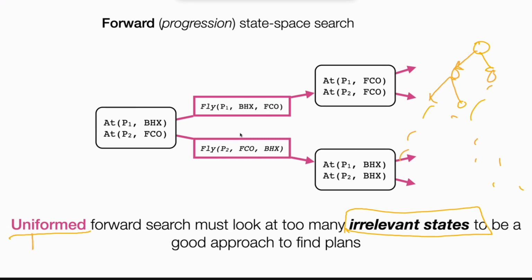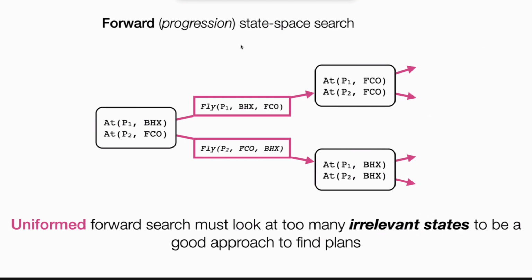They're uninformed because they have no information about the problem. A star and greedy are informed algorithms because they're using a heuristic which contains information about the problem. So here breadth and depth are uninformed algorithms. And here, uninformed forward search must look at just too many states. It's just a terrible idea.